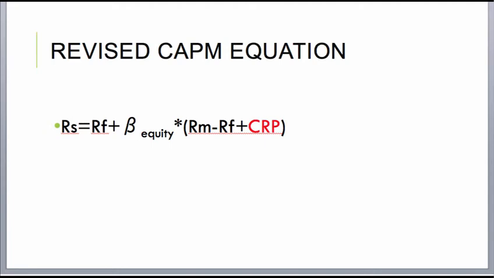The second situation is what if you need to conduct a financial analysis for a developing country. This is quite common today because of globalization. It's very likely that you need to analyze an international company.